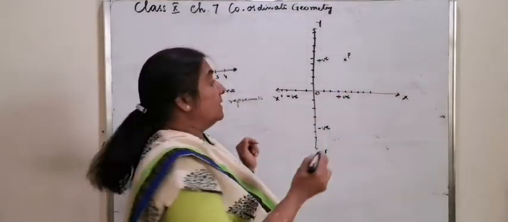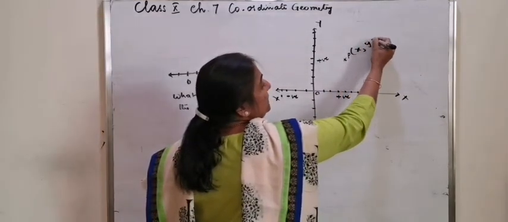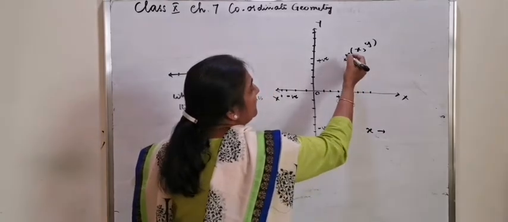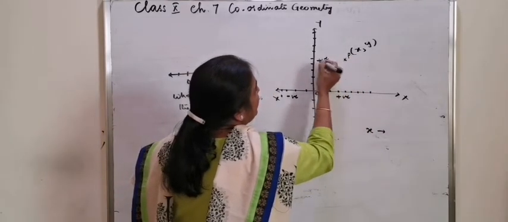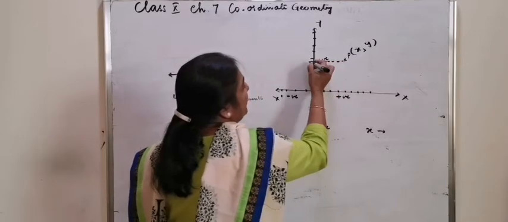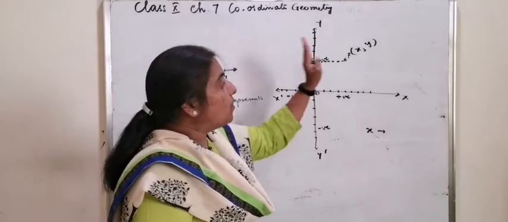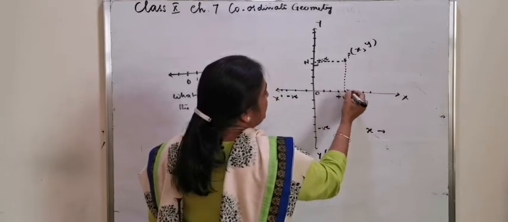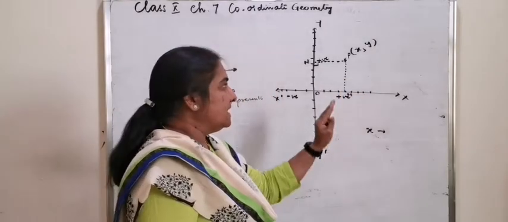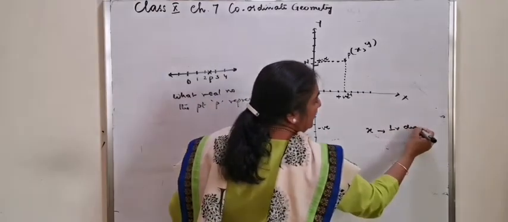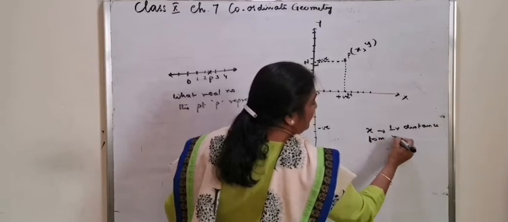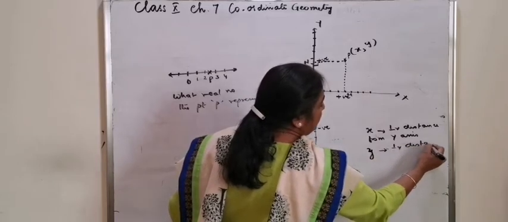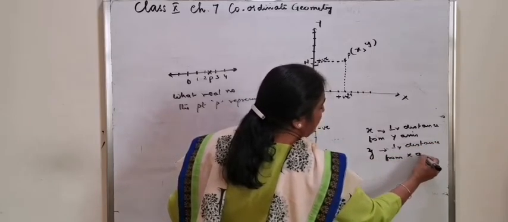The point P will be denoted with an ordered pair (x, y), where x is the perpendicular distance of the point P from the y-axis, and the y-coordinate is the perpendicular distance from the x-axis.